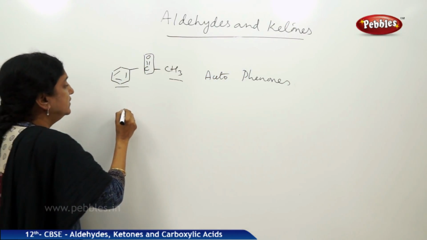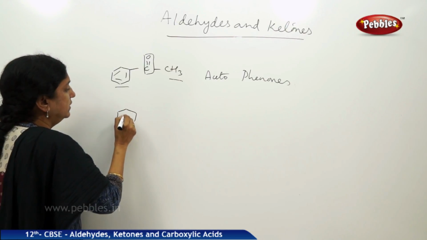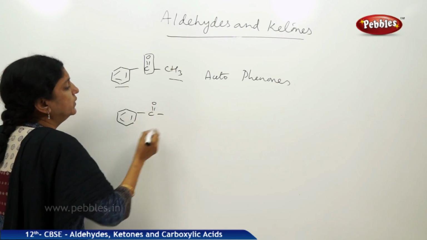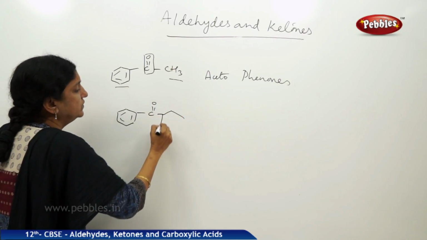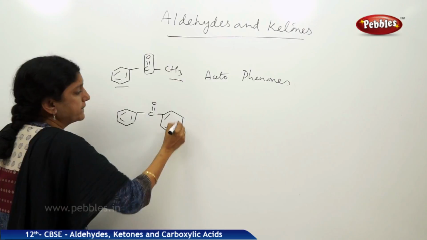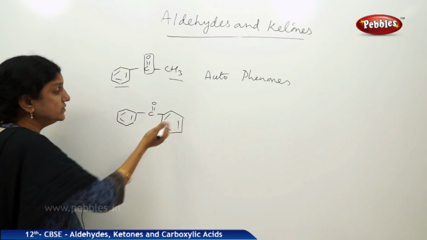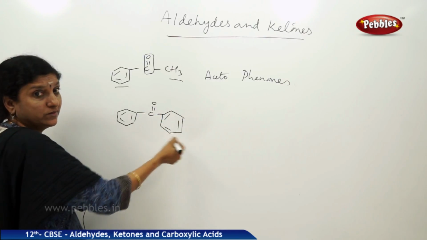Now let us see, suppose both the substituents attached to the carbonyl group are benzene rings, then how do you name this compound? Now this is called as benzophenone because it is benzoyl group. There is a benzoyl group.